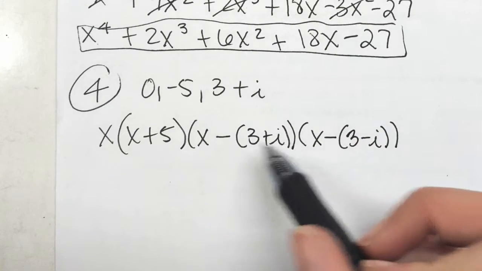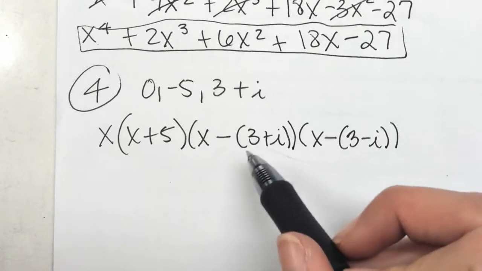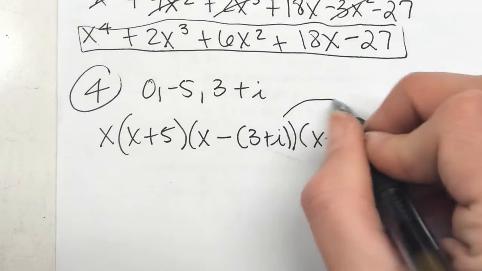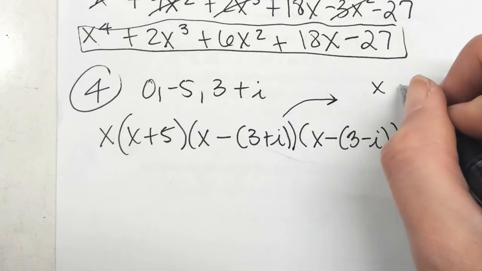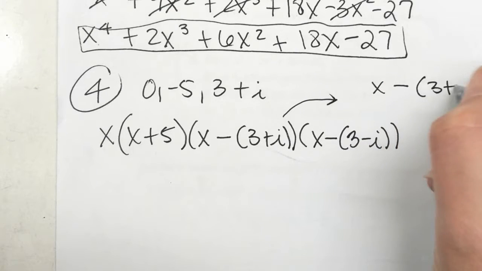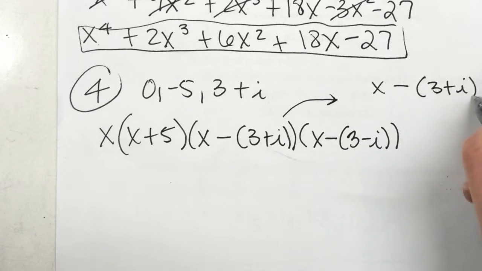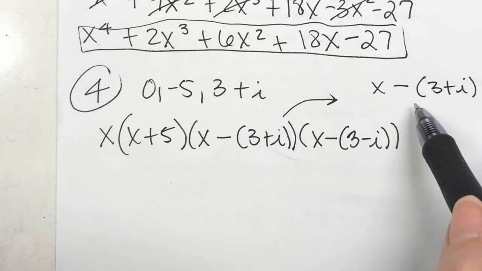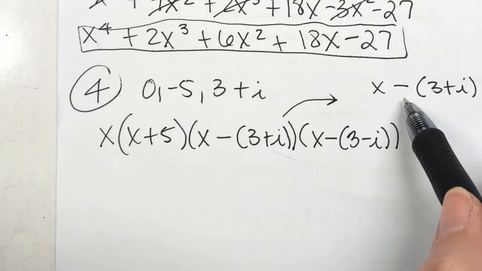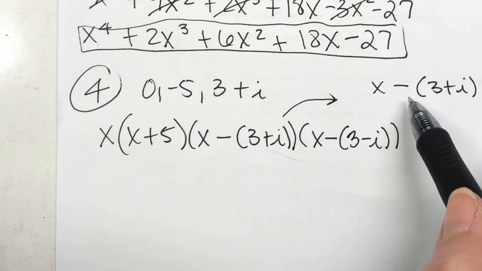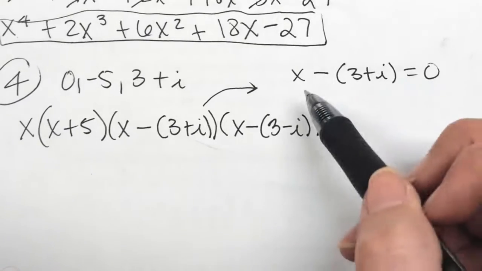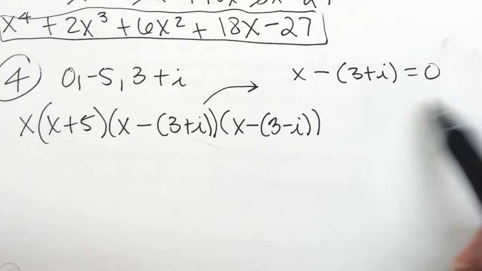So that way if we set these equal to 0 to solve, and I'll write this over here, you don't have to write this down. If I set this equal to 0 to solve, x minus 3 plus i equals 0. To get the x by itself, I'd have to do what? Think of this as one term. If I had to get x by itself, I have to move all of this over, correct?